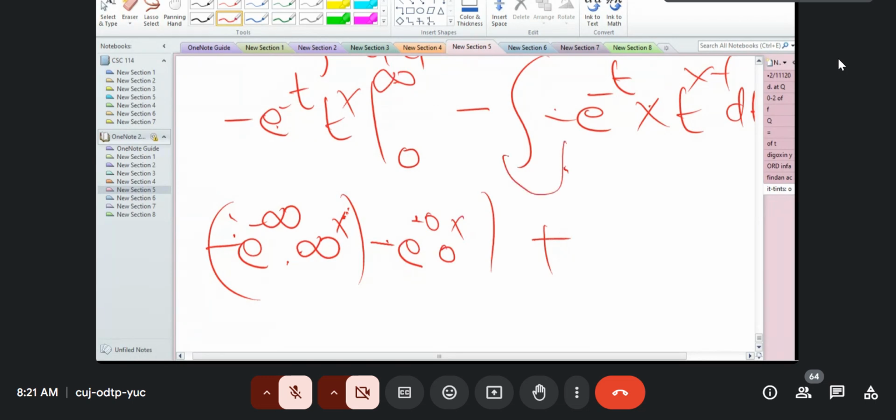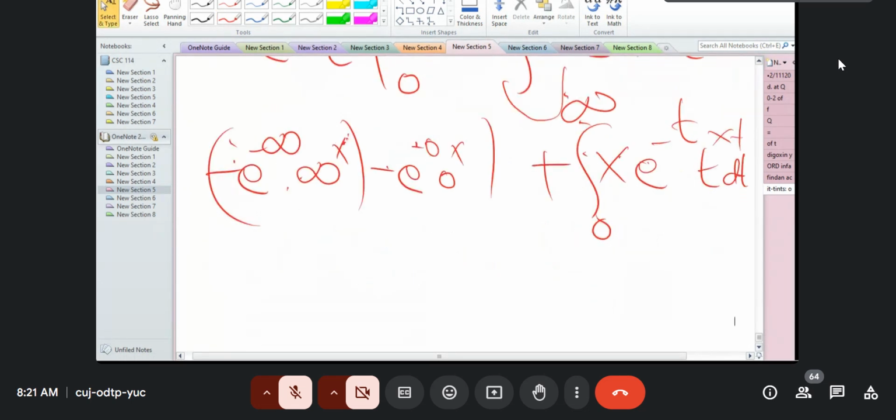Factor out the negative, we have plus, we integrate between 0 and infinity, x e to minus t, t to x minus 1 dt. E raised to minus infinity is 0, so you'll have 0 times something minus 0 times something. The whole of this becomes 0.